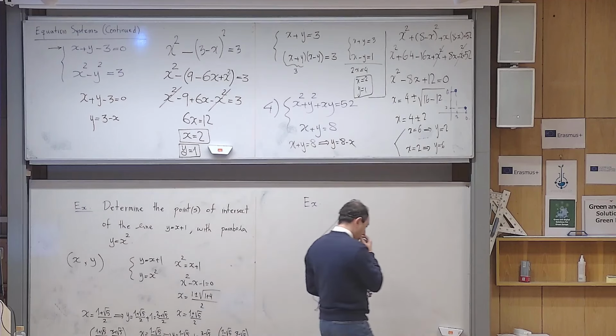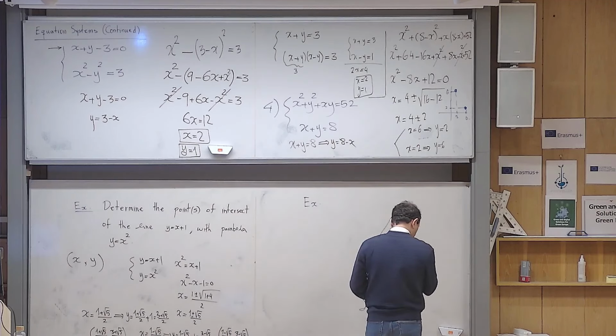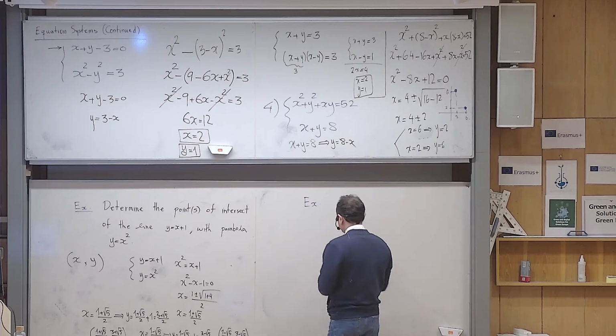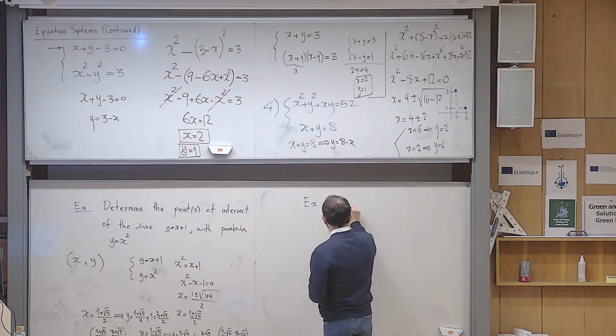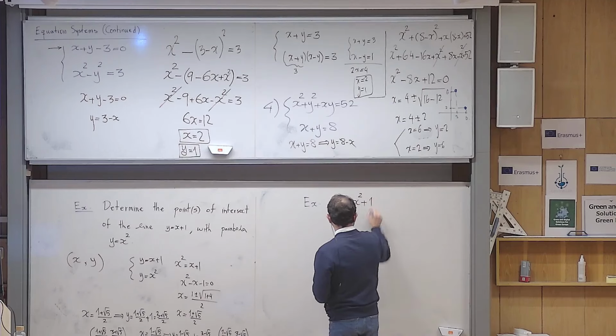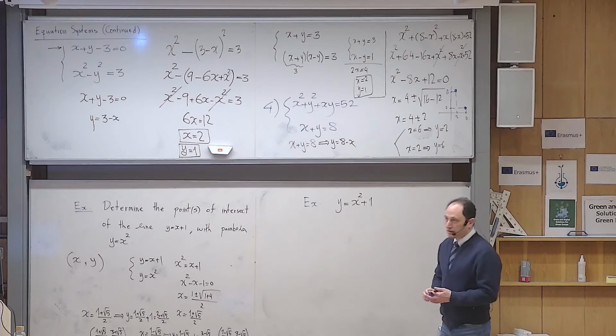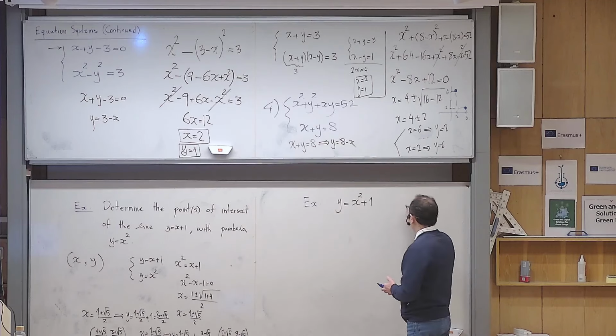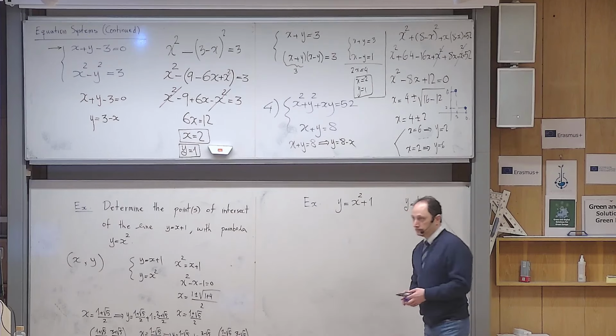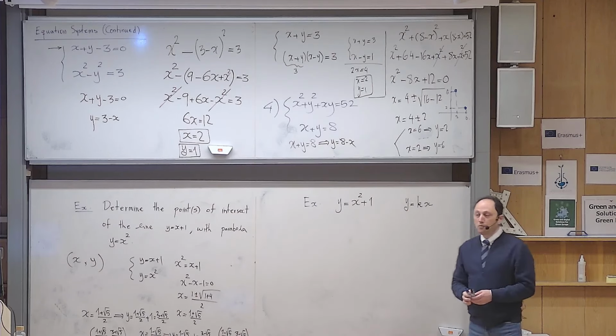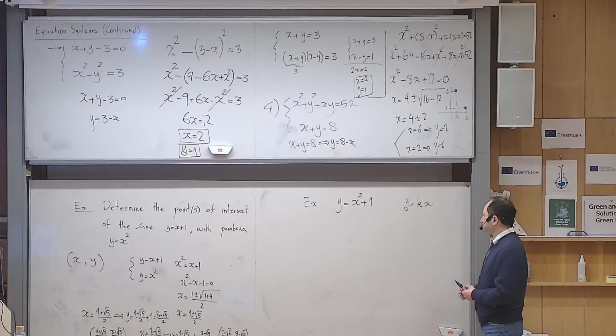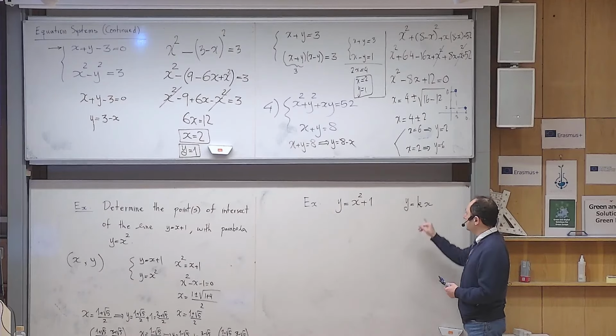I don't want to make it complicated, but okay. So let me give you this parabola, y equals x squared plus 1. Yes? And I give you a line, y equals kx. Yes? Now my question is that, find k so that this line becomes tangent to the parabola.